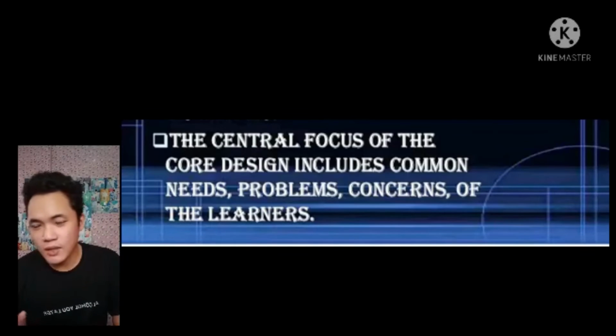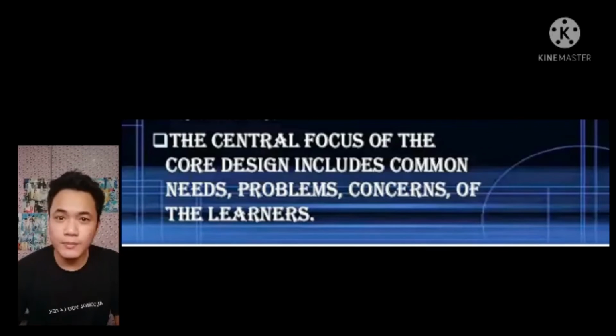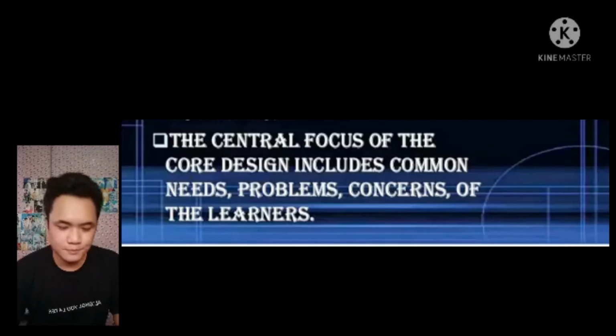What are the concerns of the students? What are the problems of the students? Ano-ano yun? Yun yung ilalagay mo dun as information, the foundation of your design.